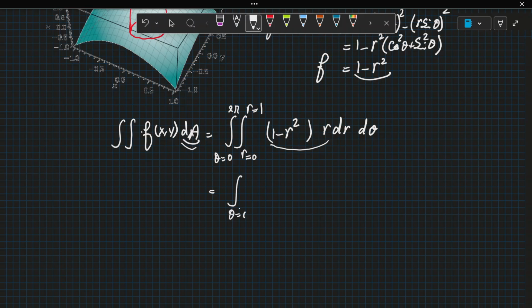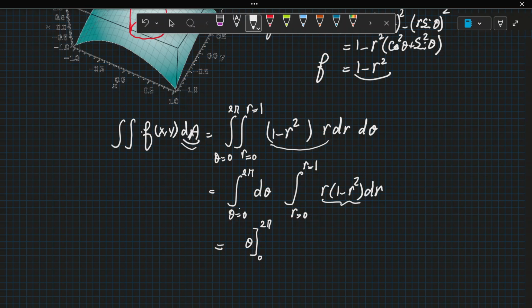The integral for theta from 0 to 2 pi can be separated from the integral from r equal to 0 to r equal to 1 of r times 1 minus r squared dr. So the integral of d theta is just theta, evaluated between 0 and 2 pi, and this is r minus r cubed, whose antiderivative is r squared over 2 minus r to the power of 4 over 4, calculated between 0 and 1.